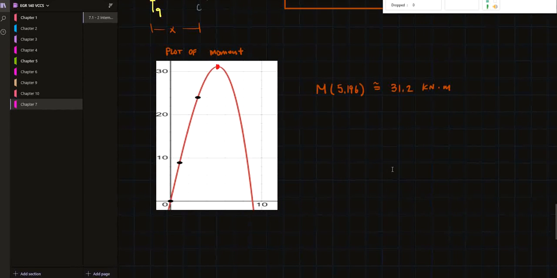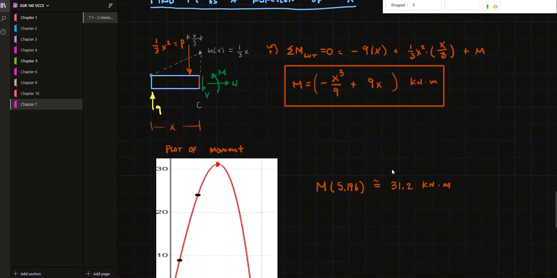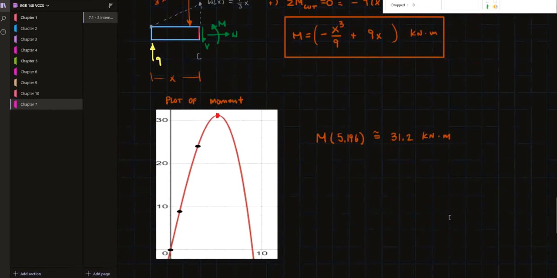Now, something interesting here, if we were to take our moment and differentiate it with respect to x, so again, this is our x direction, and this is the value of our moment along here.